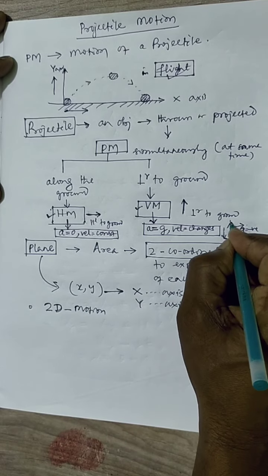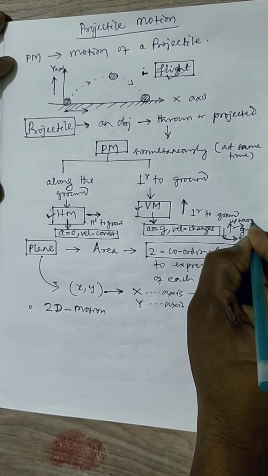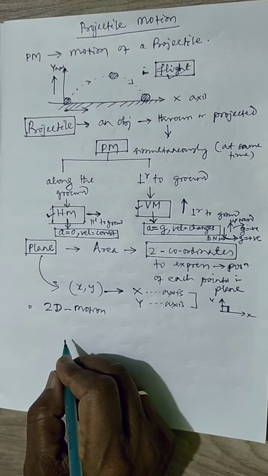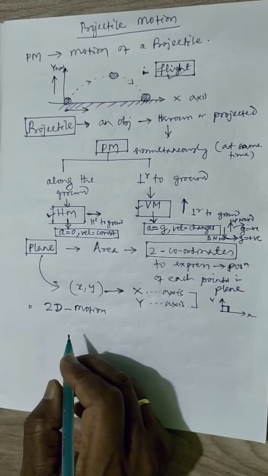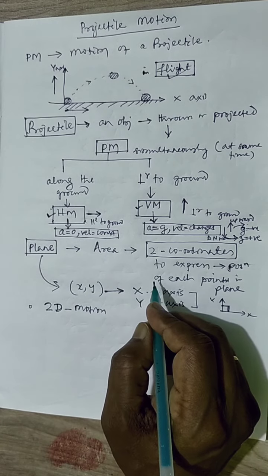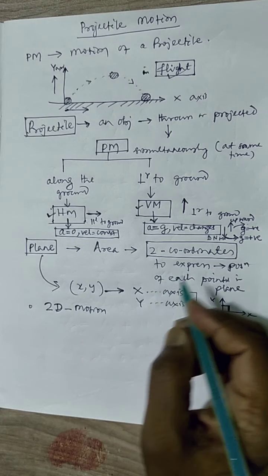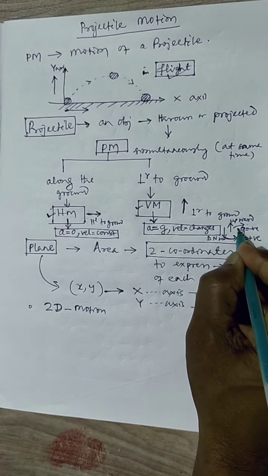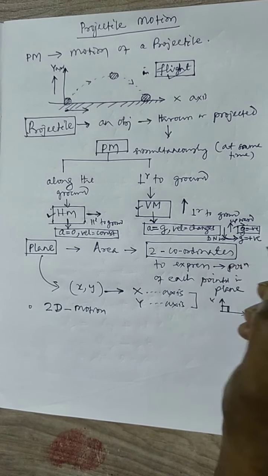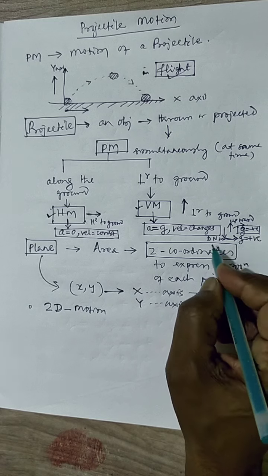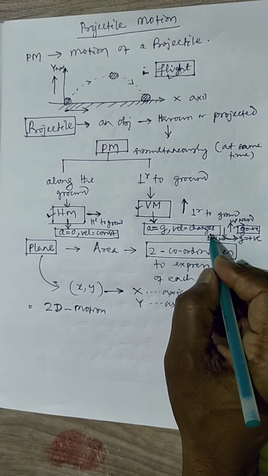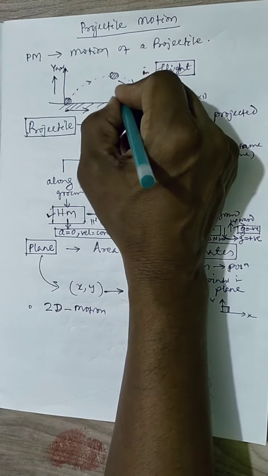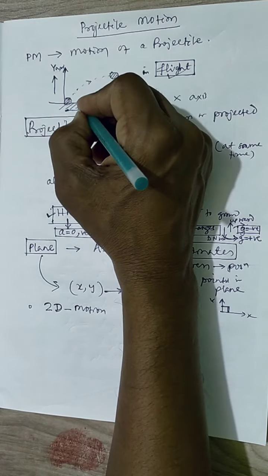That means vertical motion will have two motions. One is upward motion and another one is downward motion. During upward motion, that is when object moves from ground towards upward, velocity decreases and g becomes negative. When object has downward motion, that is from height it comes towards ground, velocity increases.